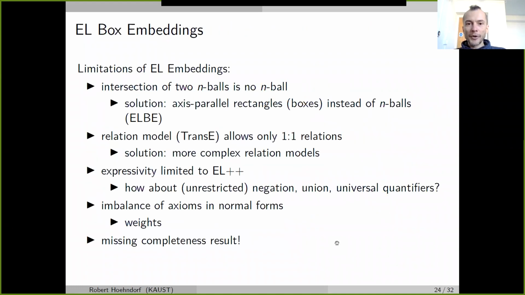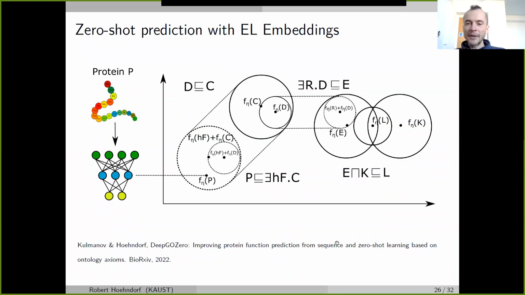This EL embedding model is quite nice because you can geometrically reason within the embedding space, or perform some limited form of reasoning. So yes, it's used by other groups, not only in the UK, for zero-shot learning and for constraints. I can send you the papers if you send me a message. You can look up papers which cite this EL embedding work, and you'll find maybe 5 or 10 different papers which use EL embeddings for zero-shot learning, including images.